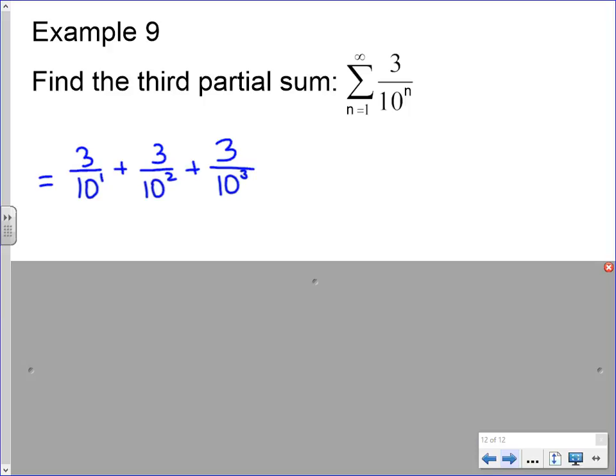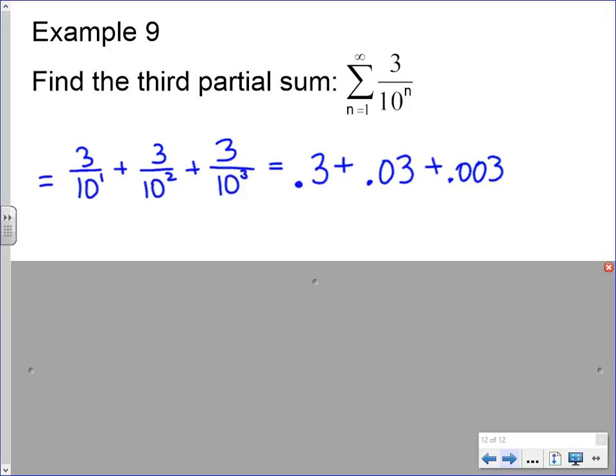Now let's think about what this is. 3 over 10 is 0.3. 3 over 100 is 3 hundredths. 3 over 1,000 is 3 thousandths.